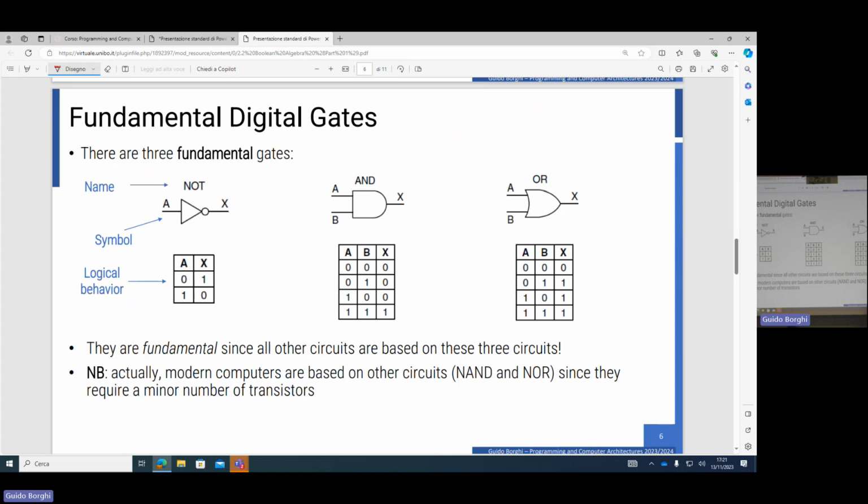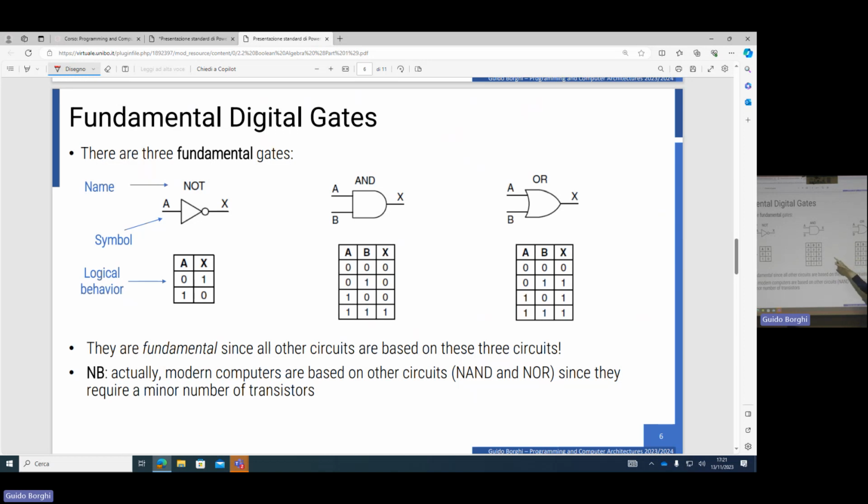It is very similar with some differences, and we are going to see why, okay? So that's true, we can say that all computers are based on NOT, AND and OR, but for several reasons, in real computers, we use different gates.